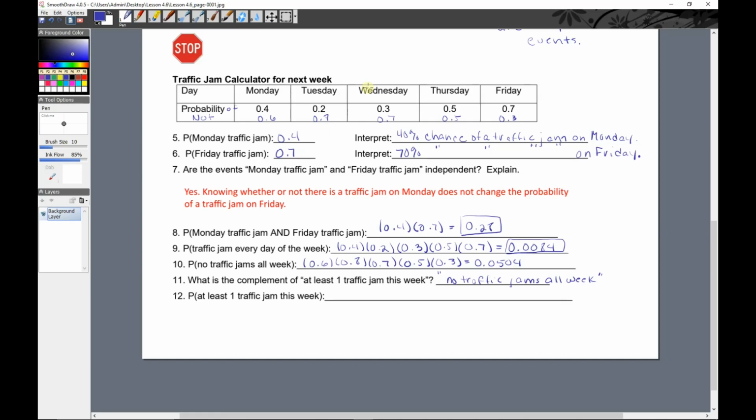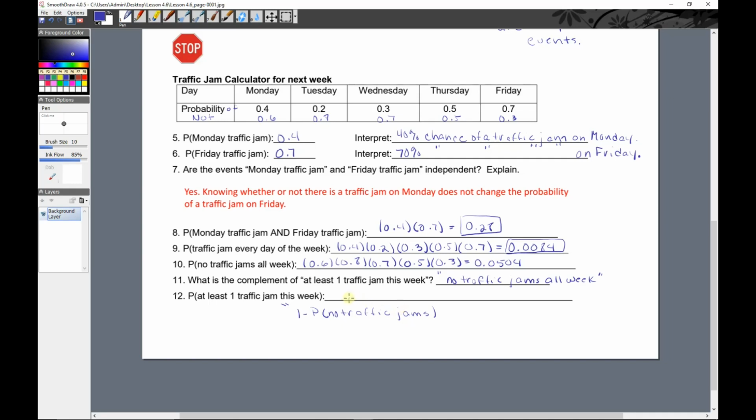In order to make this easier, we want the probability of at least one traffic jam this week to equal 1 minus the probability of no traffic jams. Because that can only happen one way. I mean, we figured that out already up in problem number 10.